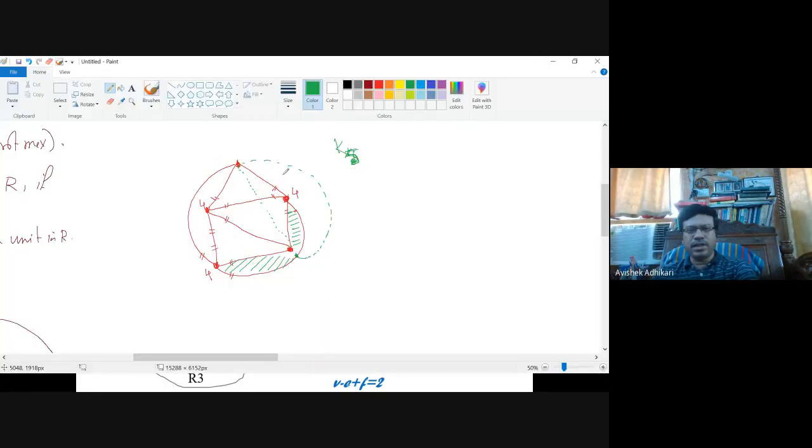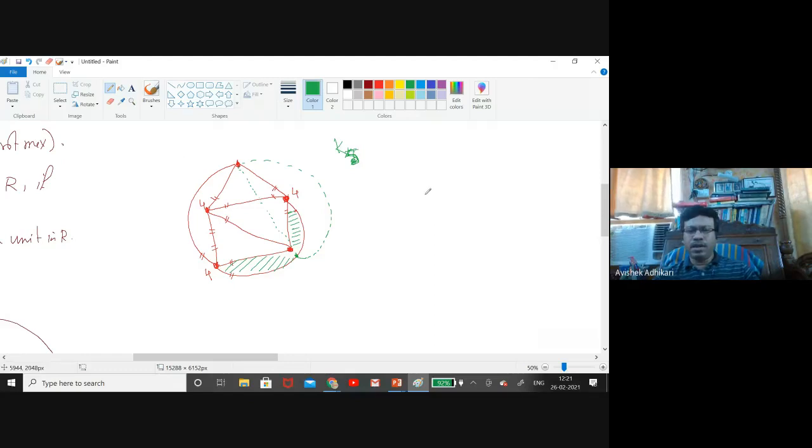Okay, so let us try to take some graph and get some idea of it, maybe like this. Now somebody tell me how many vertices are there. So V1, V2, V3, V4, V5, V6.